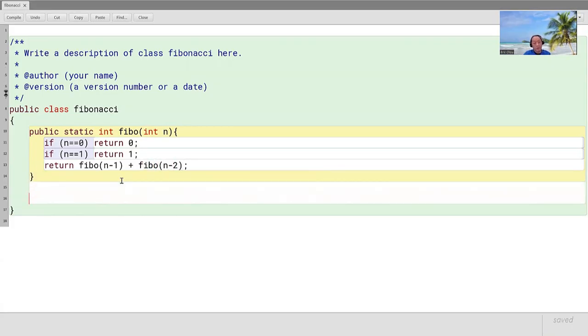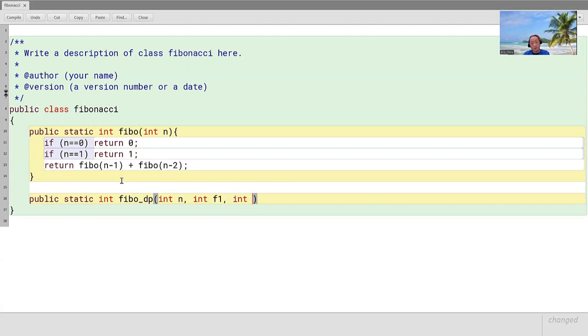Now we are doing the Fibonacci function, but with an index. This one is called the DP, dynamic programming version. You have Fibonacci of integer n, and then integer f1, integer f2.